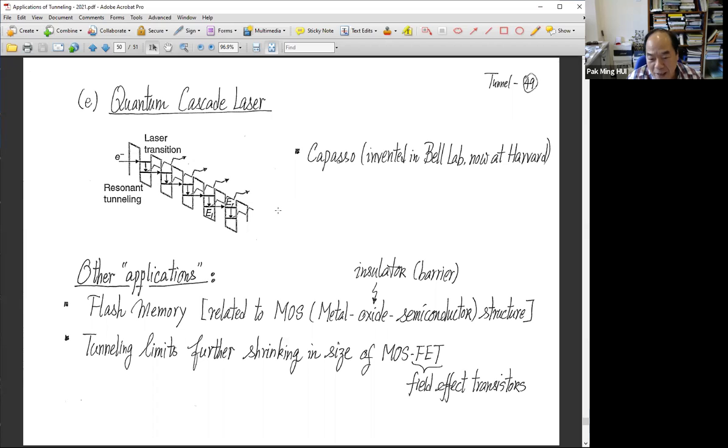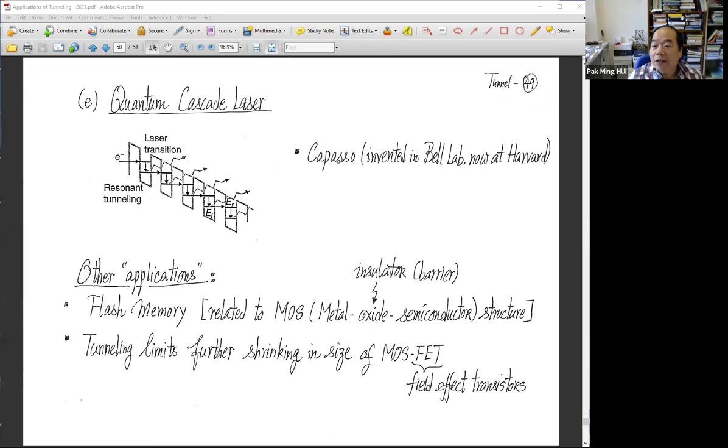He already made it many years ago. I think it may be of some use already. Okay, other tunneling applications, you can find in your flash memory, in your tablet nowadays, in your notebook.